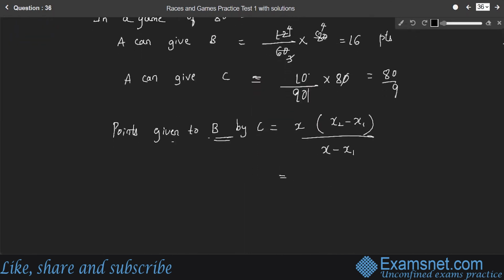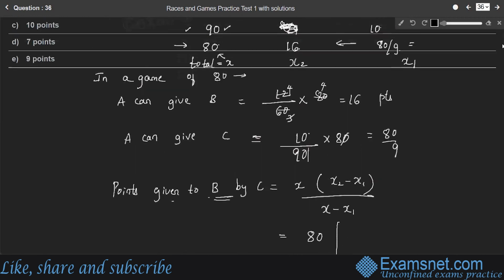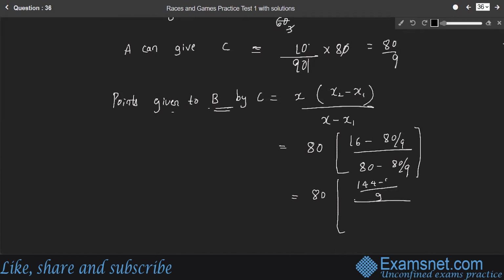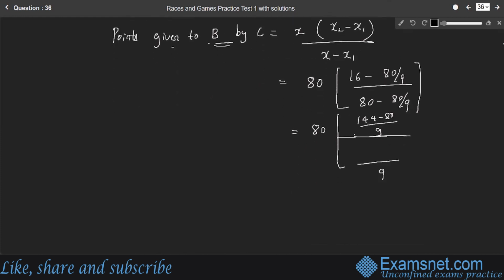Simplify it. Here X is 80, the maximum points. X2 is 16 minus X1, which is 80 by 9, divided by X minus X1, again 80 by 9. Simplify it. In the numerator we have 9 as the LCM. So 16 into 9, 144 minus 80, whole divided by 9 as the LCM. So 80 into 9, 720 minus 80.